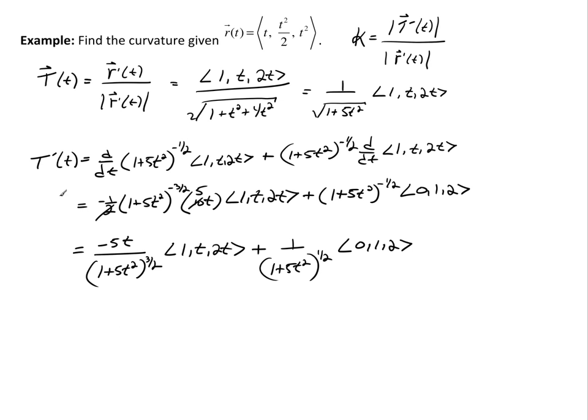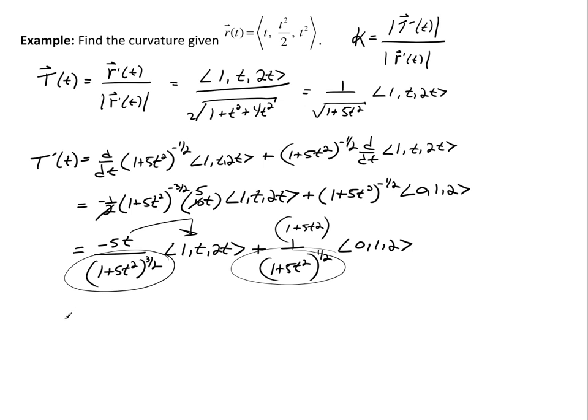So I need the magnitude of this, and finding the magnitude like this is not going to be pleasant. I need to add these together. Matter of fact, I'm not sure how I would find the magnitude without adding them together. That'd be very awkward. So let's go ahead and distribute this, and I'm going to factor this out, which will leave me with a 1 plus 5t squared to the first power in the numerator. That's the only way I can factor out a 3/2 from a 1/2.